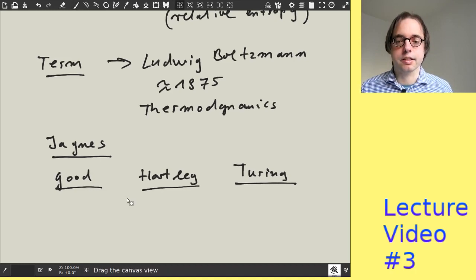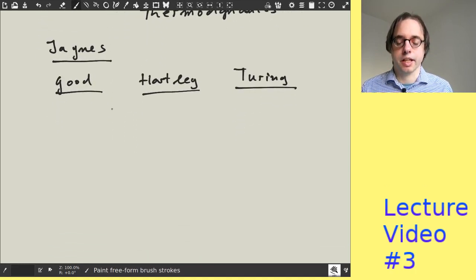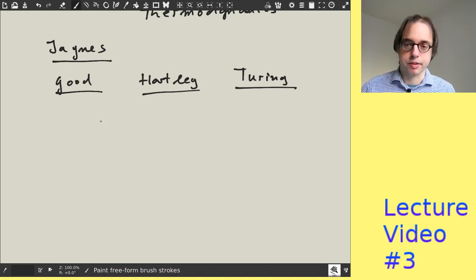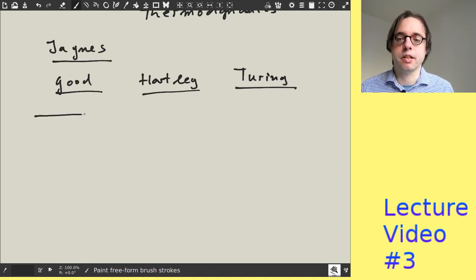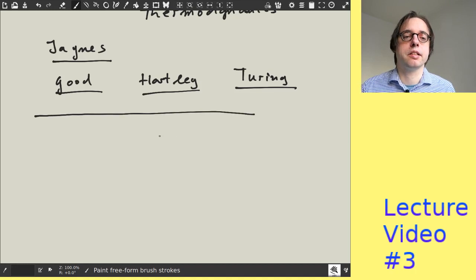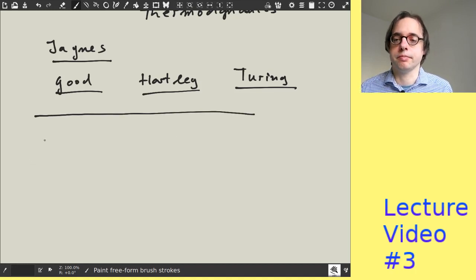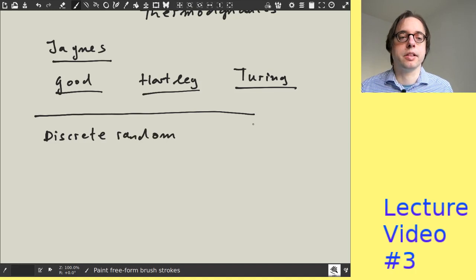Before we go to entropy, let's start with some definitions. We first look into a discrete random variable. We'll come back later to the case of continuous random variables, but for the moment we have a discrete random variable.